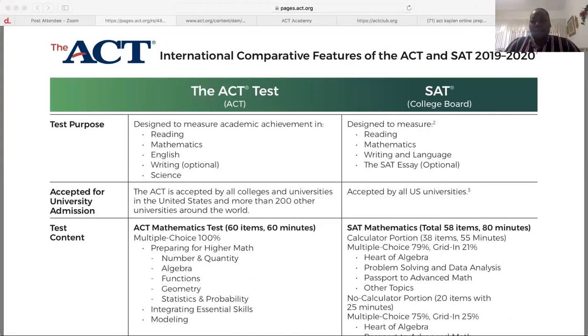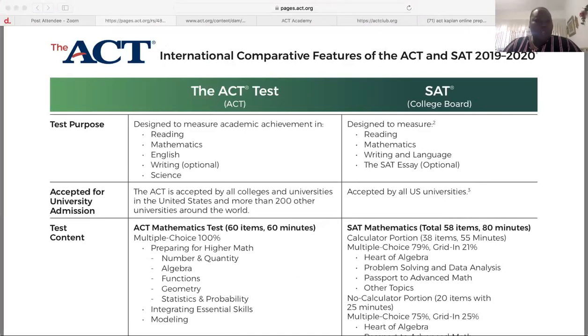All right, so 2 standardized tests for students who are looking to gain admittance into universities, the ACT and the SAT. I'm going to start off talking about the scoring. ACT is scored out of 1 to 36. When a student takes the ACT exam, they will receive 2 scores.